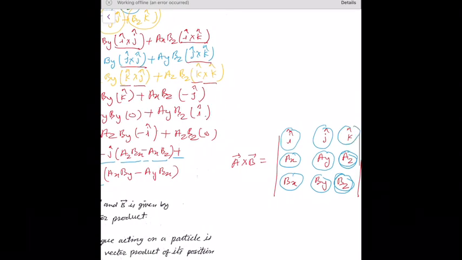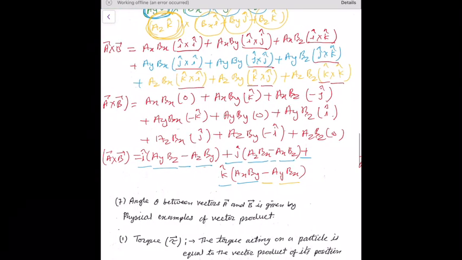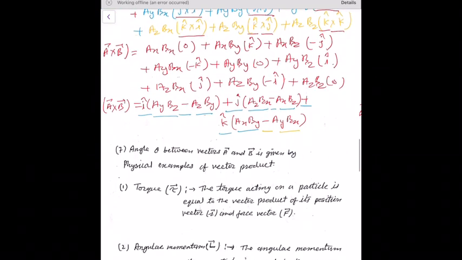Plus k cap: ax into by minus ay into bx. Clear?